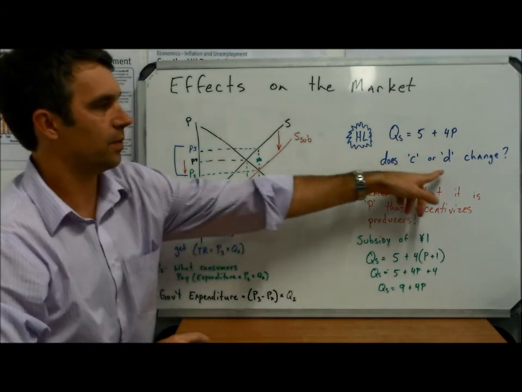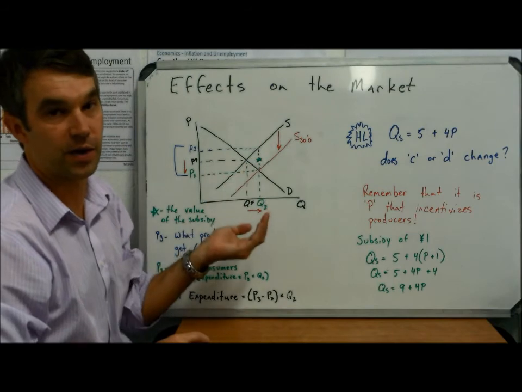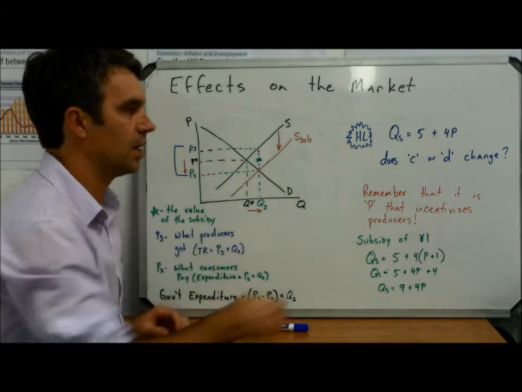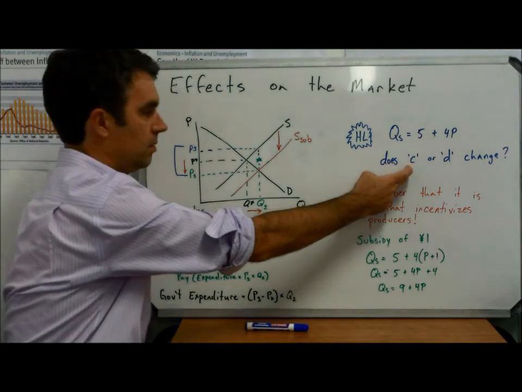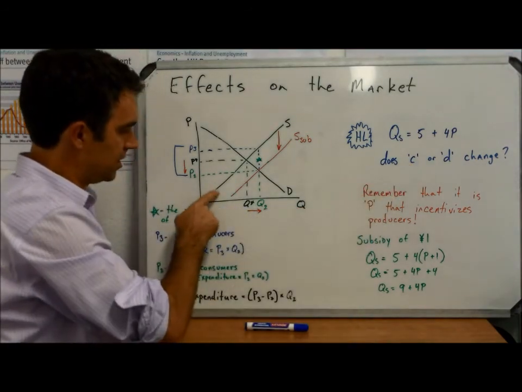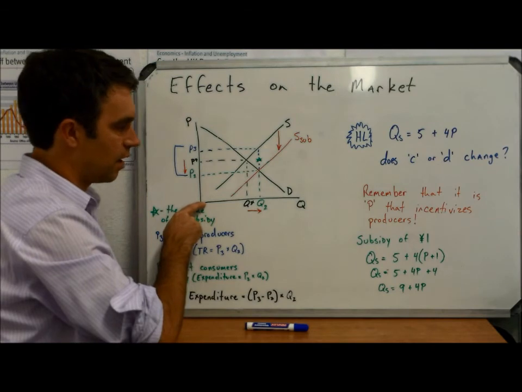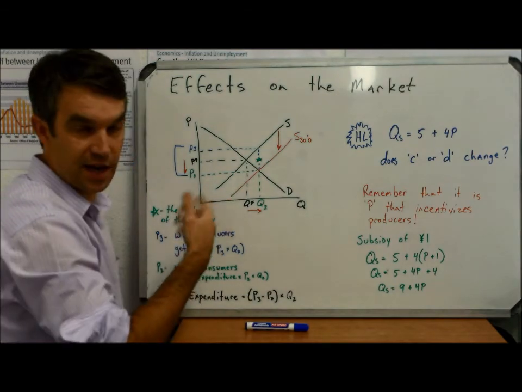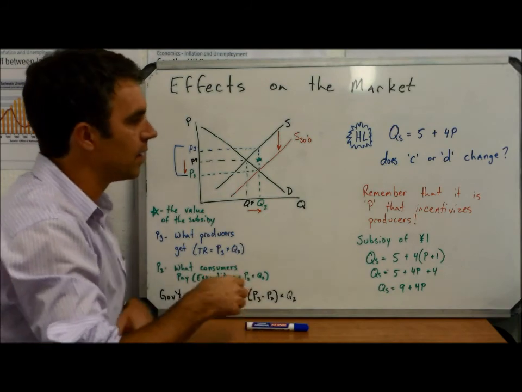So it's not the D variable that changed because the new supply curve is parallel. It's a direct translation of the original supply curve. So it must be the C variable that changed. So we see the C variable, this would have been 5 here, and it moved to the right. So we have to expect that the C variable is going to now have a higher value.